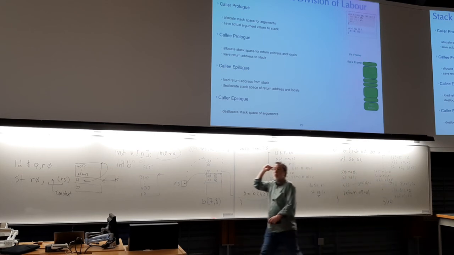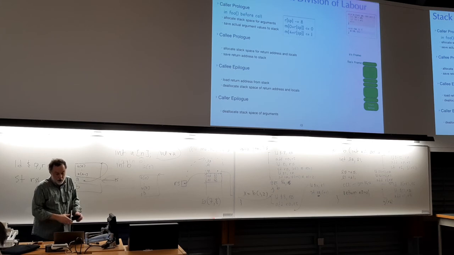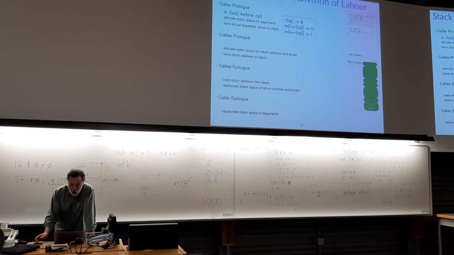You don't have to take a picture of this, you're welcome to, but it's all in the slides. So let's go through this in the slides now. So, caller prologue in RTL. Here, I did 1 and 2 here, and this is 0 and 1. Subtract 8, that makes this happen.